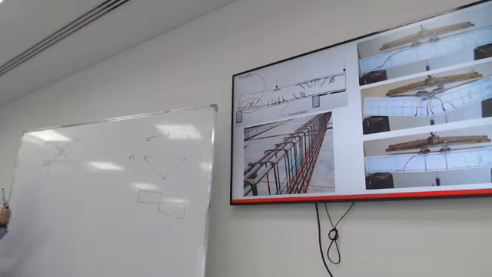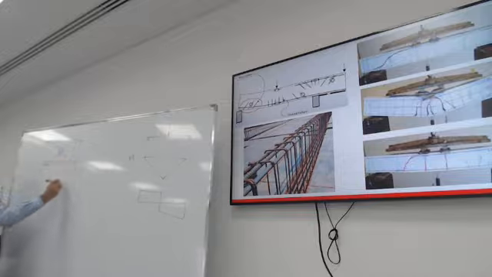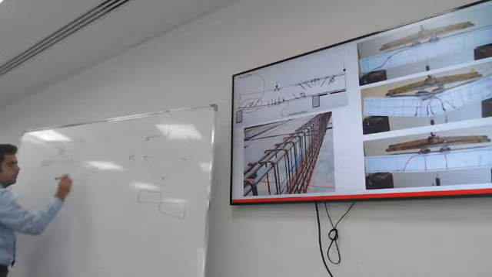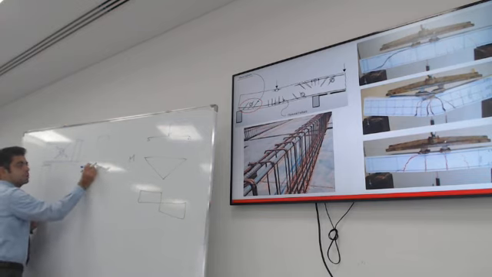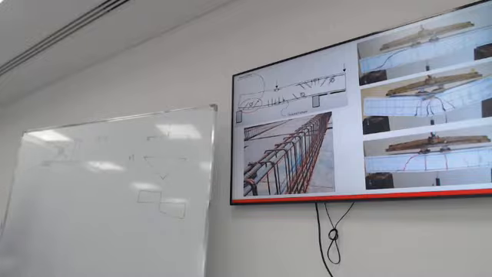And along the beam, I will have a stirrup. In the cross section, this is the concrete cross section. The bottom bars are circles, the top bars are circles, and these vertical black lines, these are stirrups.